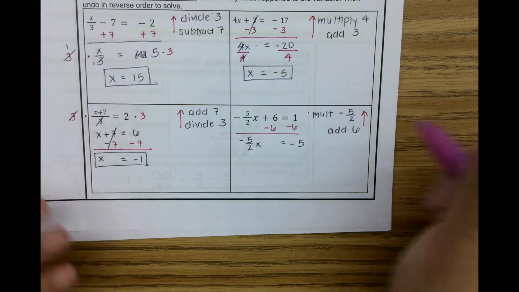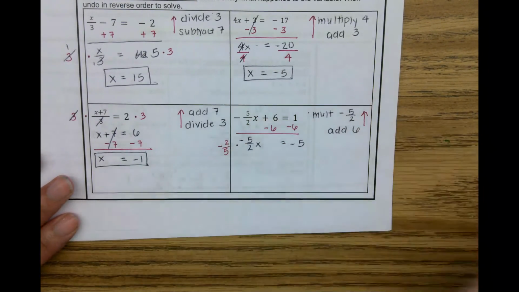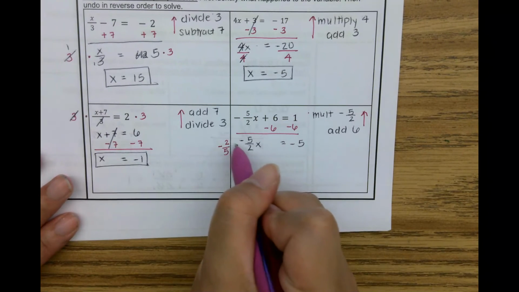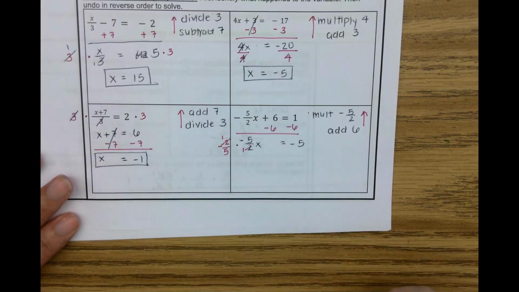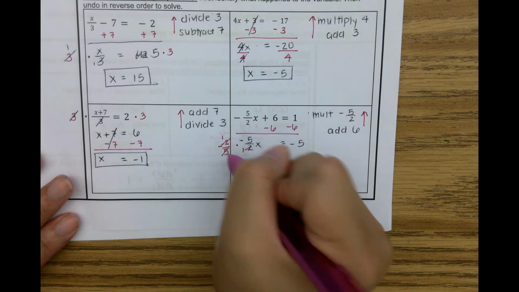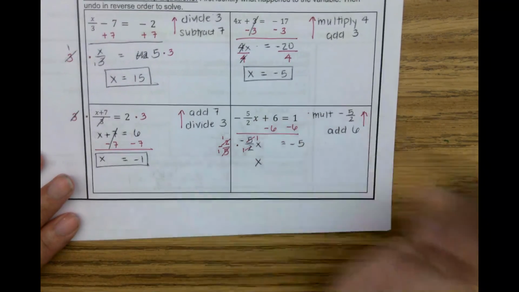Okay. So negative times a negative is a positive. This times 2 and this divide by 2 undo each other, leaving me with 1. And this 5 divided by 5 here ends up being 1. So I am left with a positive 1x, right?